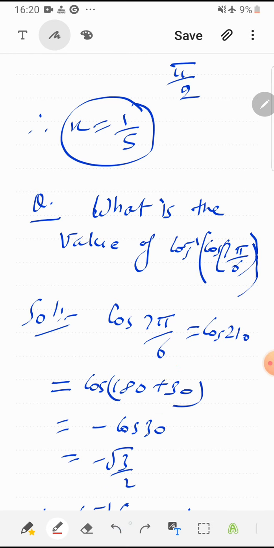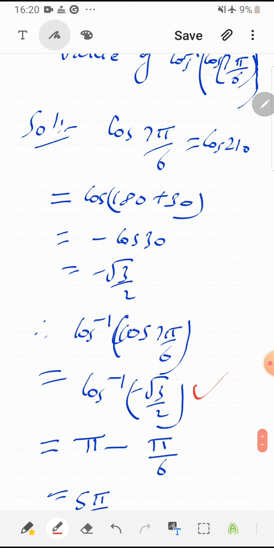I am putting this value for cos 7 pi by 6, so it is cos inverse of minus root 3 by 2. As the principal value doesn't contain the negative angle, the result is pi minus pi by 6. This we have learnt in the beginning of this chapter. So it is 5 pi by 6, which is the final result.